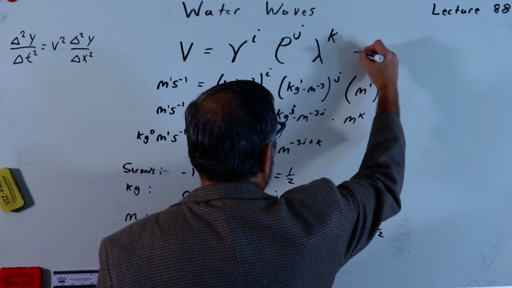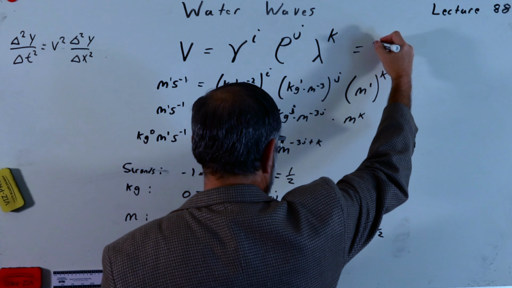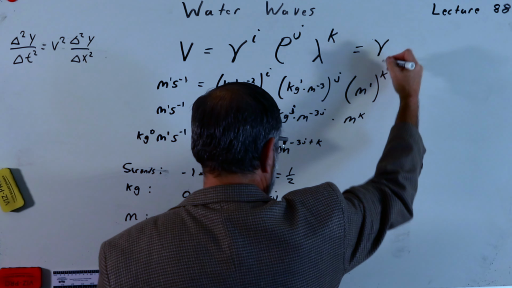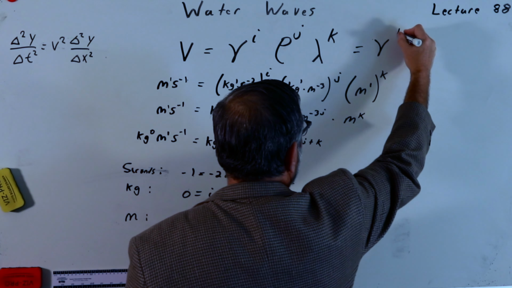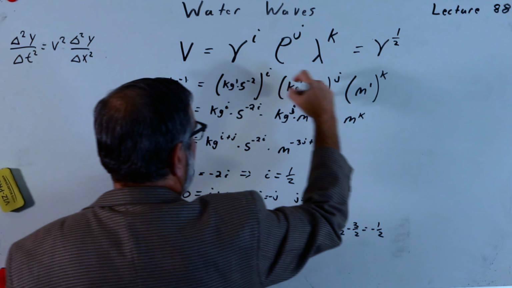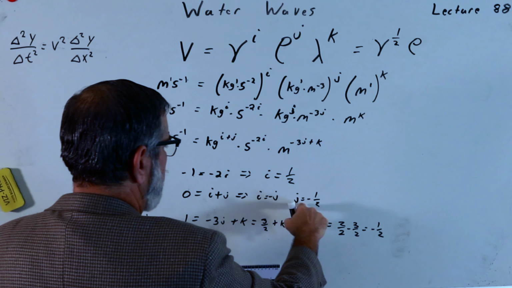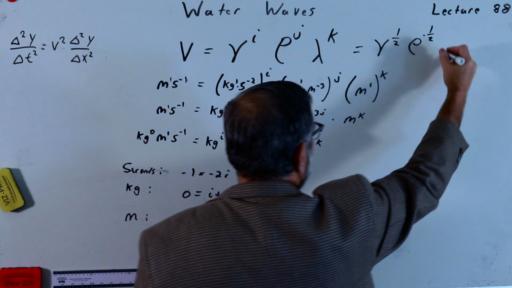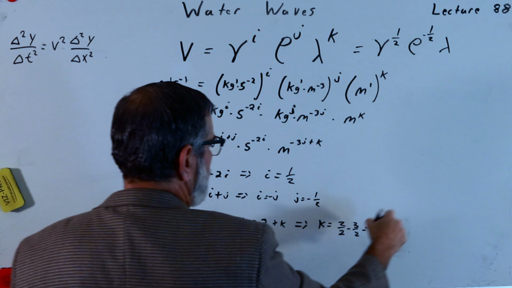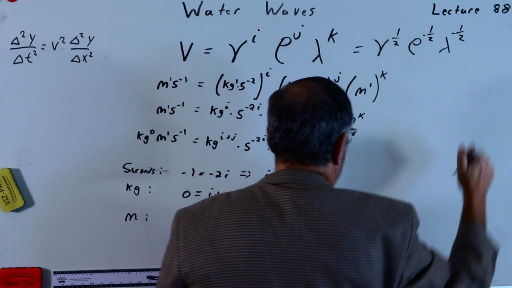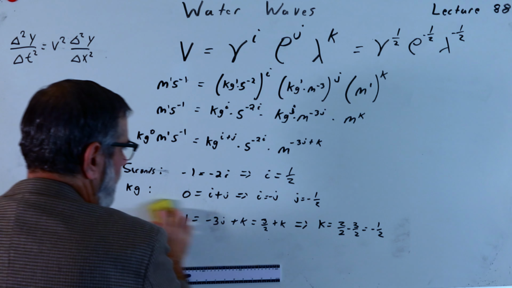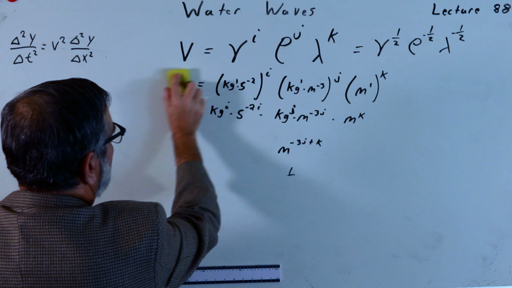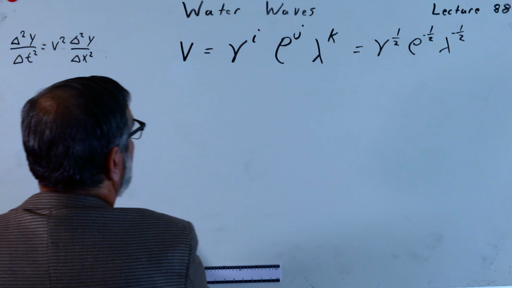So that means that our answer, the velocity, is equal to the surface tension raised to the I power, that's 1/2, times the density raised to the j power, that's minus 1/2, times the wavelength raised to the k power, which is also minus 1/2. Okay? So what does that look like? Let's rewrite it this way.